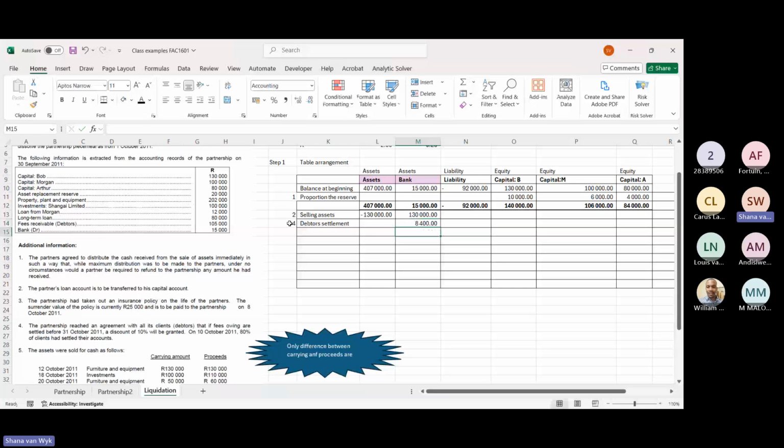Oh, so you mean it will be 84,000 times 10%, and then you subtract it from the 84,000. Let's see. So then you get 75.6. Yes.